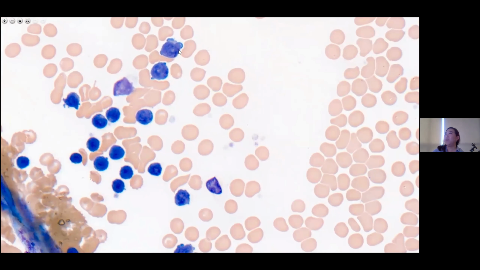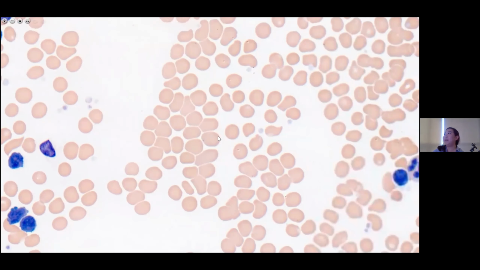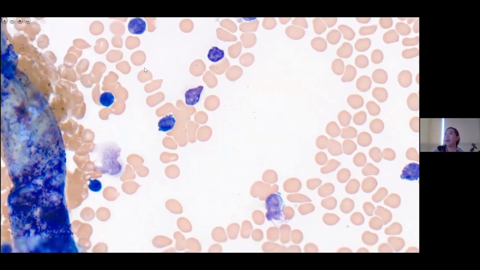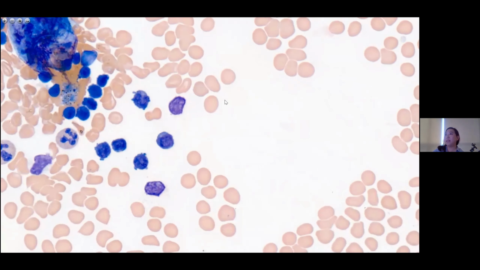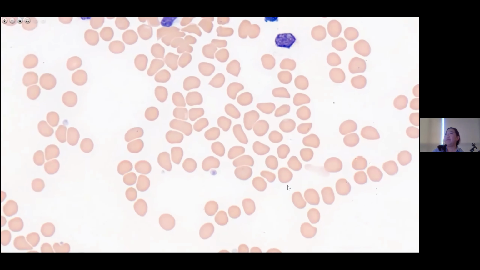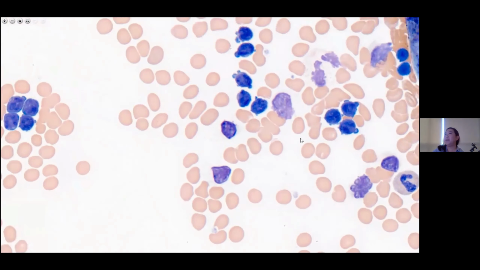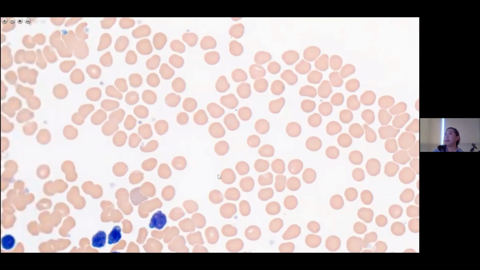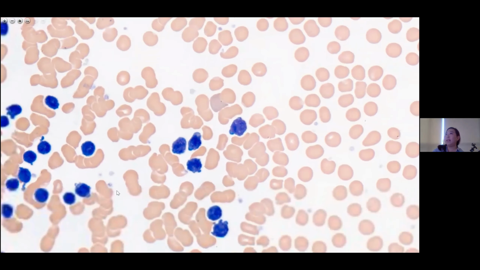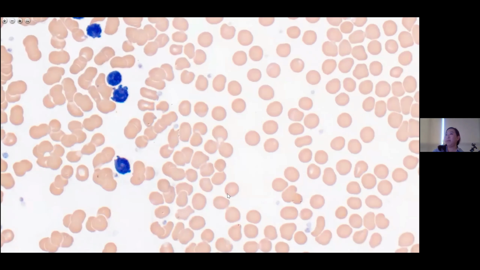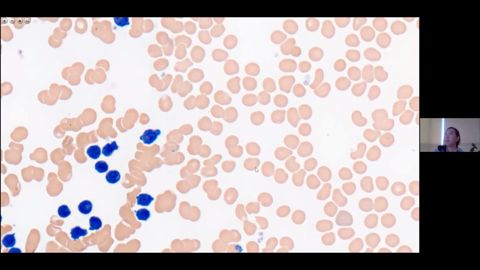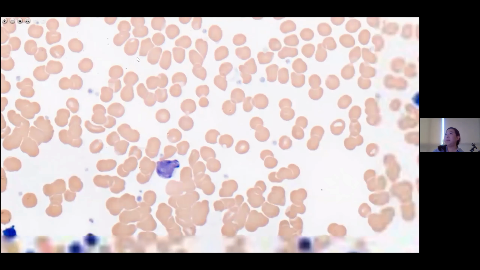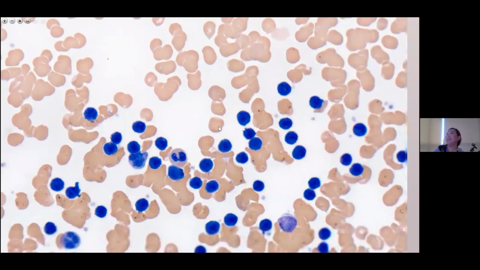So this cytoplasmic protrusion is often seen in this condition, along with very high lymphocyte count. And they have scant cytoplasm, and they don't have such prominent nucleoli like you see in your B prolymphocytes. But the hallmark is really they have this cytoplasmic protrusion.